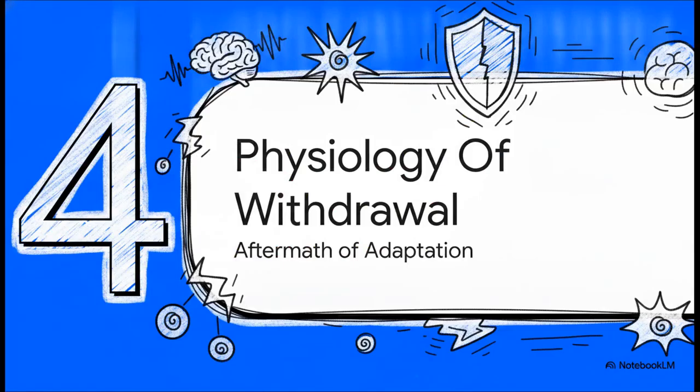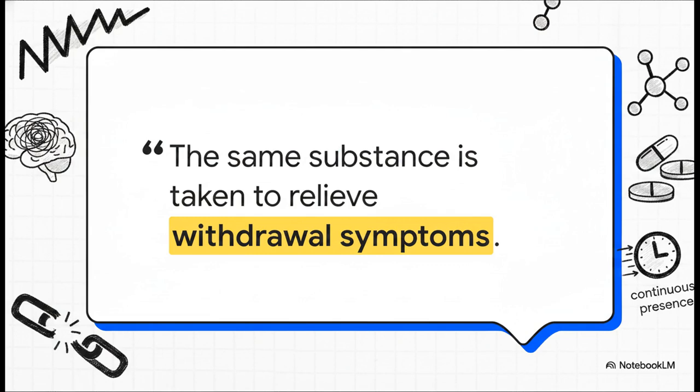Which brings us to our final section: the physiology of withdrawal, the aftermath of adaptation. When a brain is continuously bombarded by an invading xenobiotic, it doesn't just sit back and take it. It adapts, it fights to survive. And clinical withdrawal is actually just the physical manifestation of that survival adaptation. The DSM-4 perfectly grounds this biological theory in clinical reality.